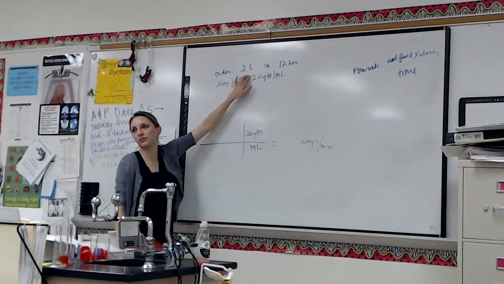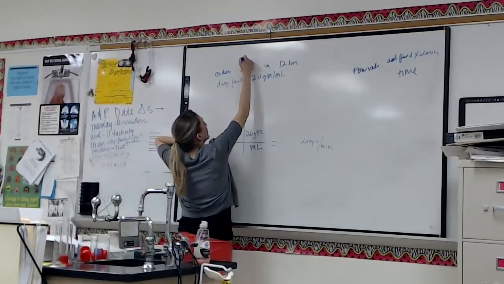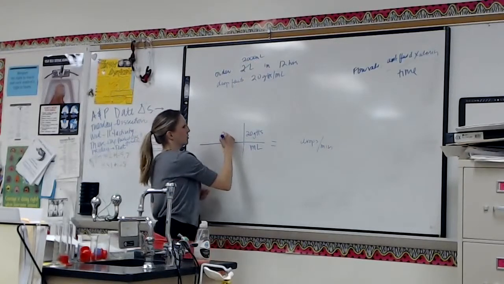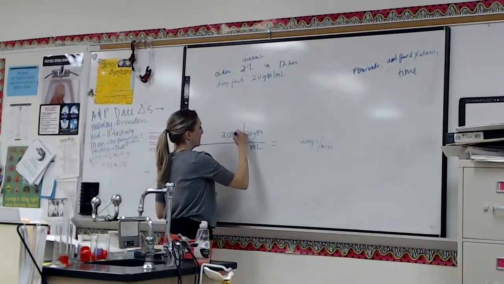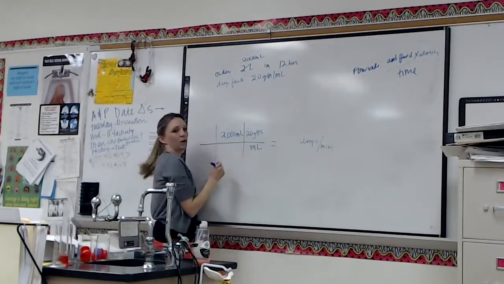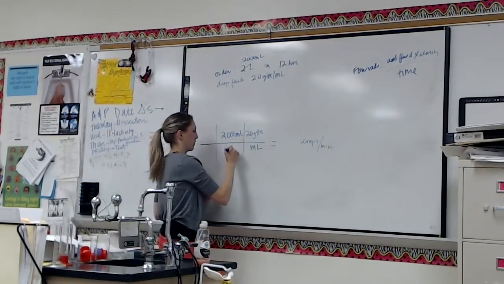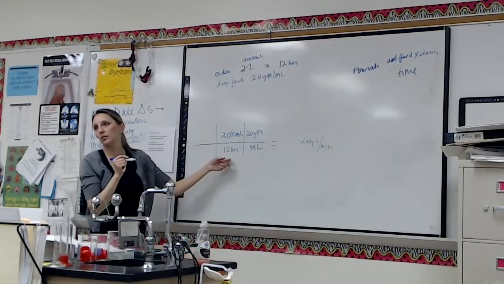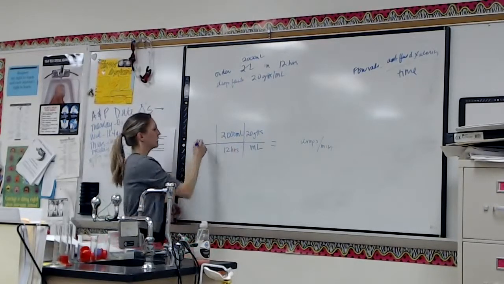So how many milliliters is it? 2,000 milliliters, right? So I know I want milliliters to cancel out. So 2,000 milliliters over how long? 12 hours. And then how do we get from hours to minutes? 60 to 1.